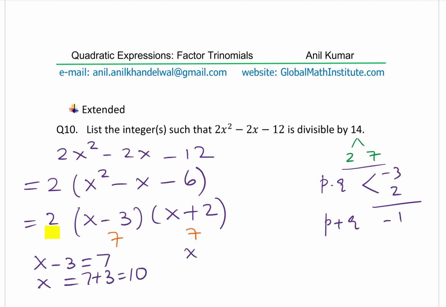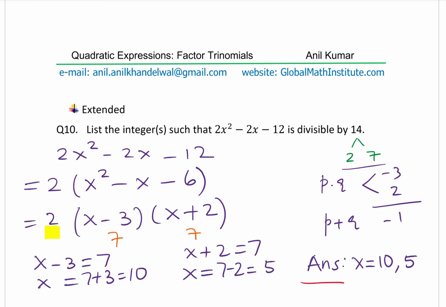Or x plus 2 equals 7. That will give us x equals 7 minus 2, which is 5. And therefore, we get two answers for this. The answers are x is equal to 10 or 5, right? So both are correct answers. That is how we are going to solve it.